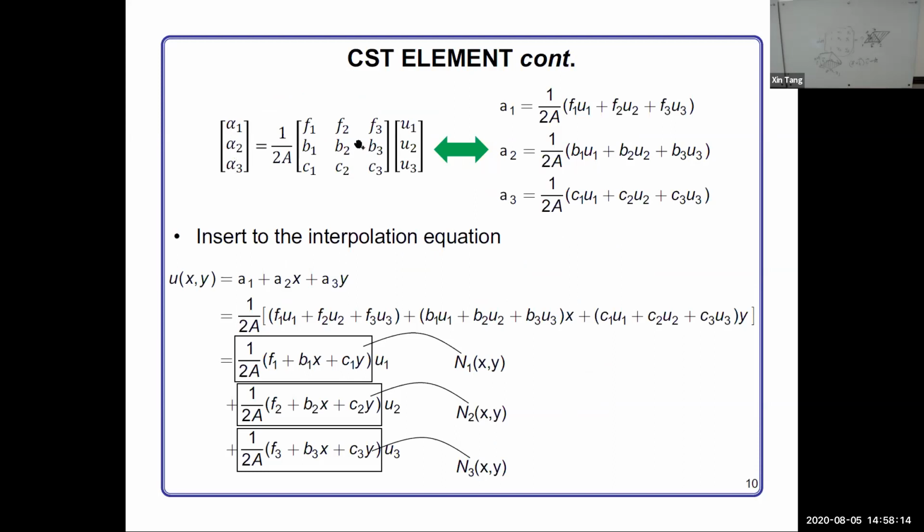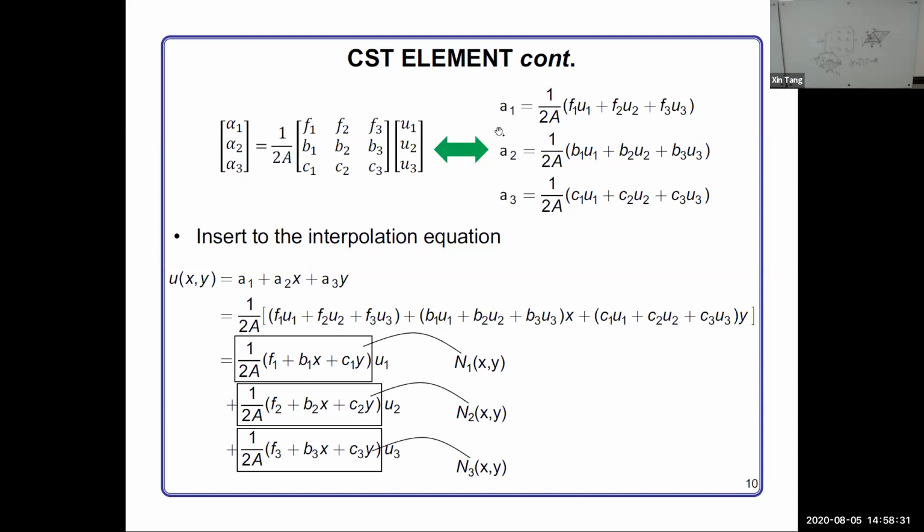Okay, now once we write the alpha vector, alpha 1, alpha 2, alpha 3, in terms of the x and y coordinates and u displacement, we can sort out this algebra. We can find out this should be the alpha.